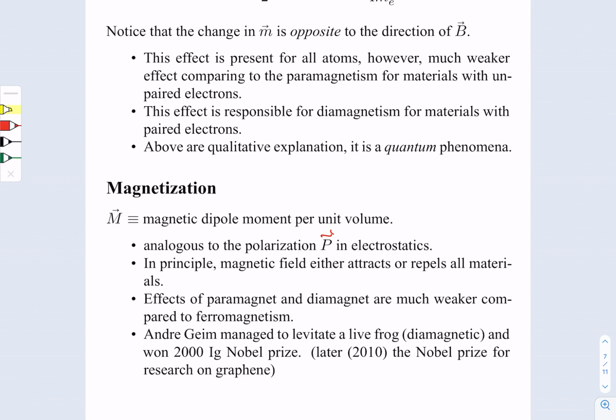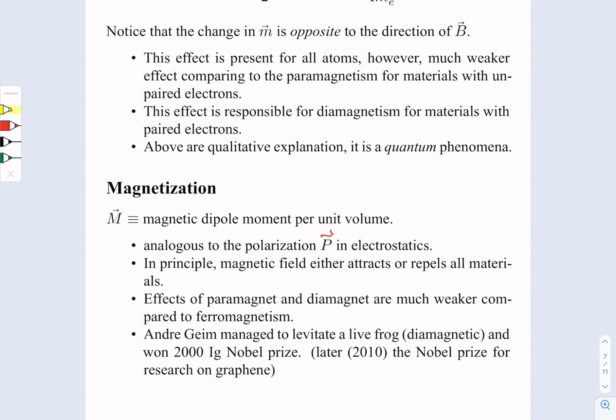Only in the ferromagnetic case, if you put two ferromagnetic ions together, they will either repel or attract. That's because their effect is on the order of 10 to the 5, much stronger than the effects of the paramagnetic or diamagnetic case.